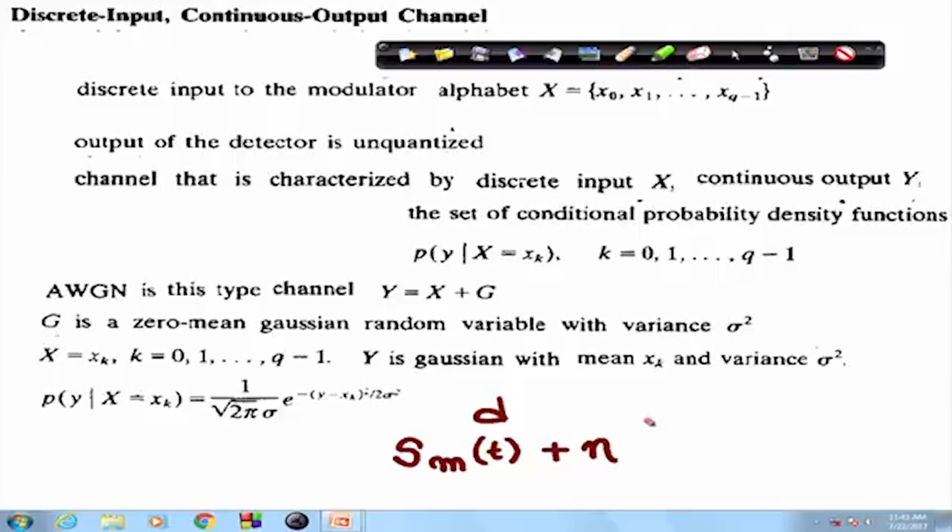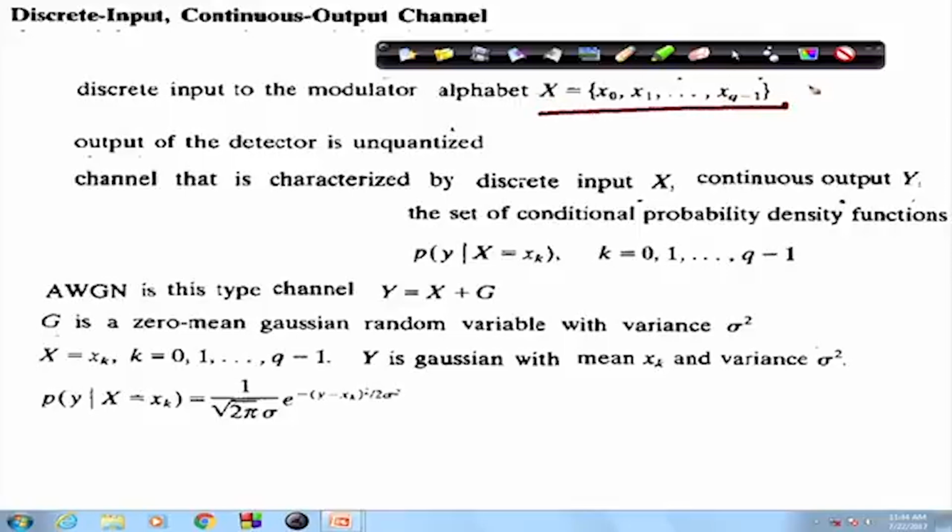When a discrete value gets added to noise, which is a continuous valued signal, we have the situation of discrete input, but continuous output. This kind of channel is very easily characterized by the modulator alphabet x, that means, discrete symbols, and the output of the detector is unquantized. So, that is what we have.